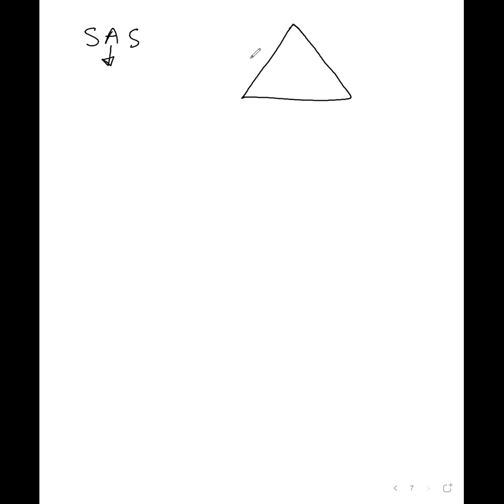That means if you have this side and this side, then the angle between them, which is this one, not this angle or this angle, the angle between them. So when you say SAS, you go like this. Got it? Very good.